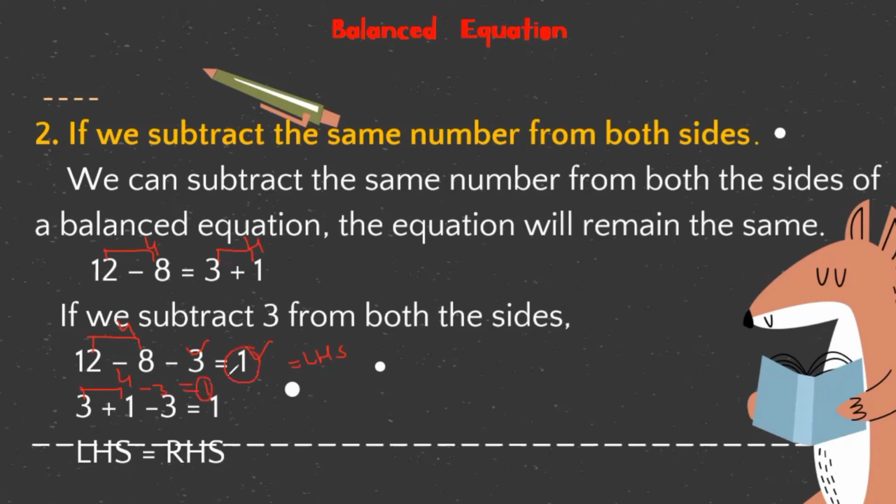So both sides are the same after subtracting the same number in a balanced equation. If a balanced equation is given and a number is subtracted from both sides, the new equation will also be a balanced equation.